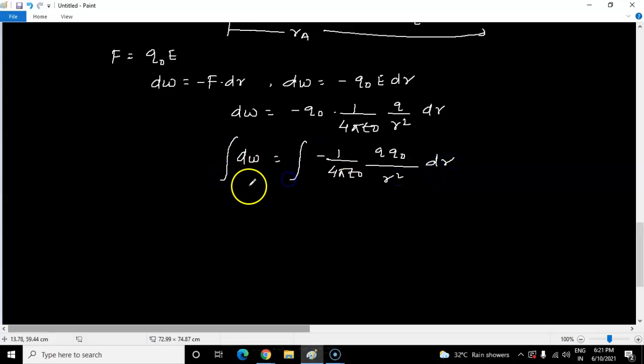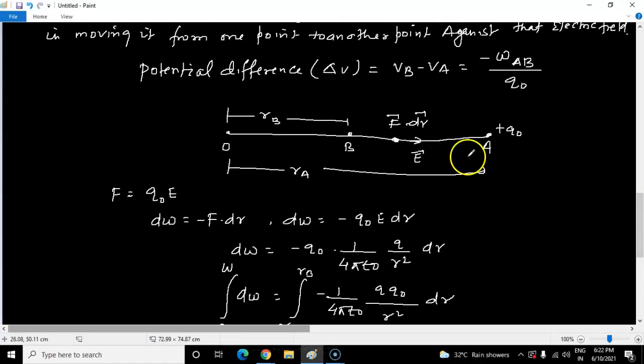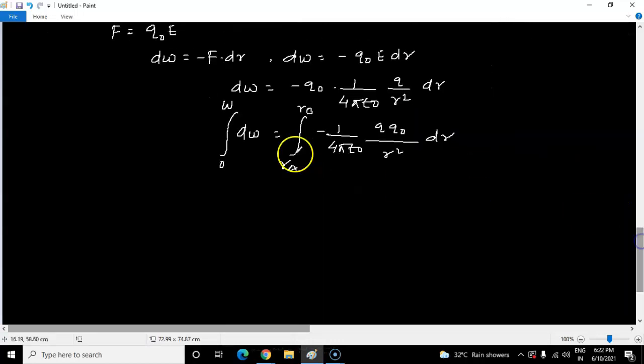And the work done you are finding between the two points. That is, the work done initially is 0, to total work done W, and the radius you are taking from RA to RB, right? You are bringing from RA to RB here. So that's why you have taken RA and RB. So here total work done is minus 1 by 4 pi epsilon naught, Q into Q naught is constant here.